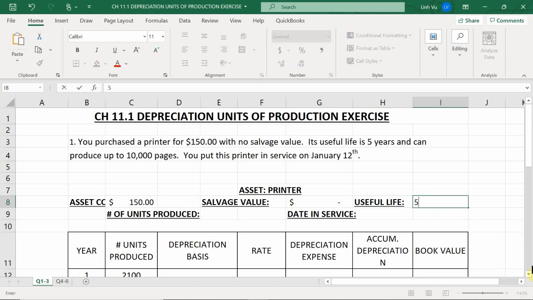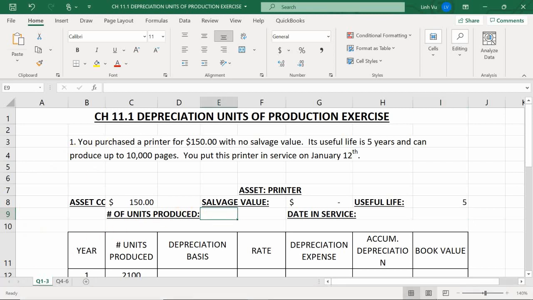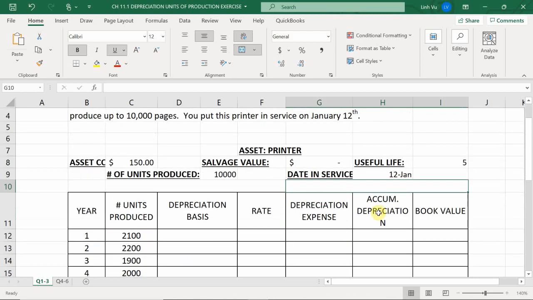Yeah, 5 years. In this case, that doesn't really matter to us. Actually, it does in the context of how old the asset is going to be. Number of units that it can produce: 10,000 pages. And the date that we placed into service? January 12th.